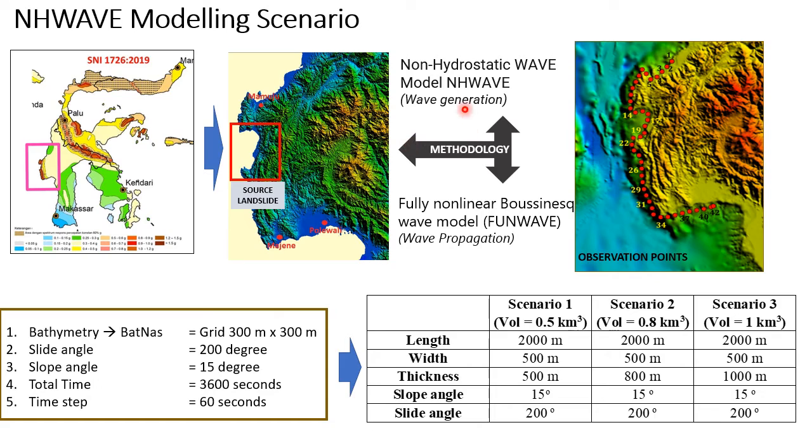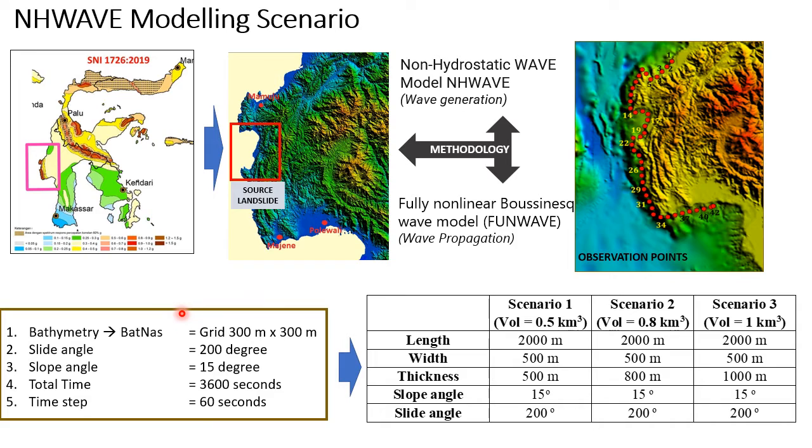The first one is NHWAVE, or non-hydrostatic wave model, for wave generation, and the latter is the FUNWAVE model, or fully nonlinear Boussinesq wave model, for wave propagation. Here are the observation points that we will analyze, from point 1 to 42.